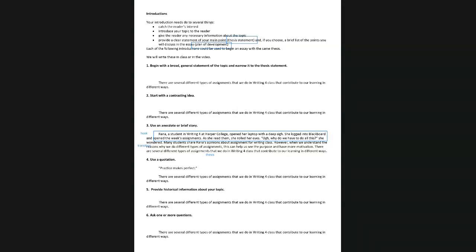Every class has assignments. Okay, this is a very, very general statement. That is true, but it is very, very general. And now we need to make it more narrow. So after we say every class has assignments, teachers assign them to help students learn.